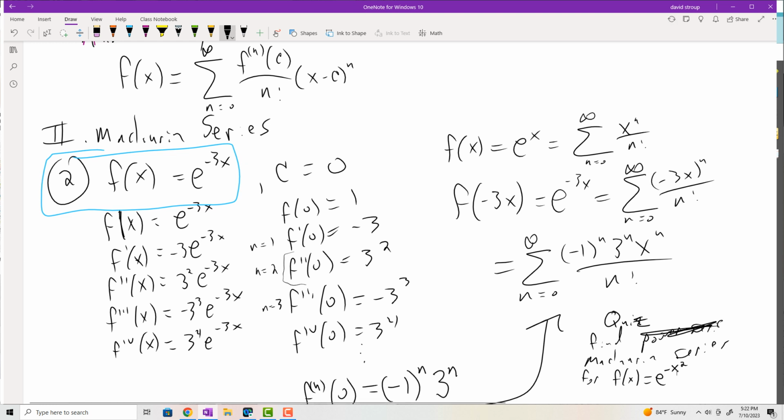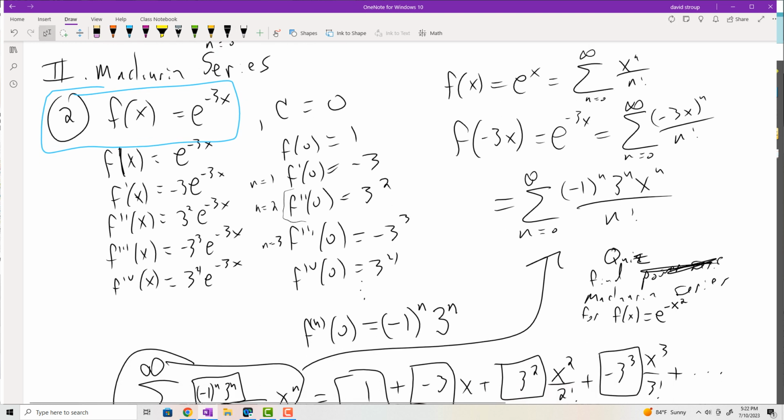Okay, find the power series representation for e to the negative x squared. And all you have to do is take this form and do a substitution. Okay? Okay, so let me pause the video and I'll write down in my notes what we got.